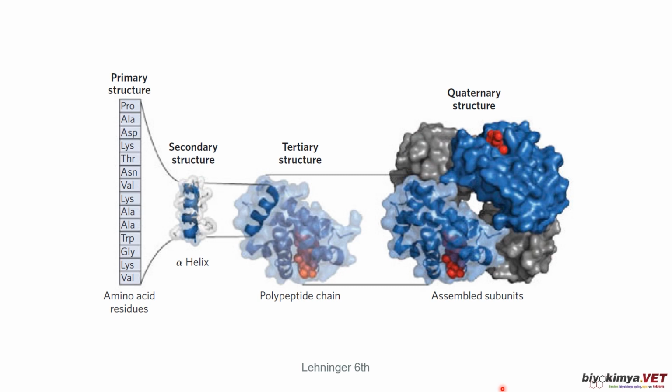Some proteins contain two or more separate polypeptide chains or subunits, which may be the same or different. The arrangement of these protein subunits into a three-dimensional complex forms the quaternary structure. As you see, a polypeptide chain, and here there are four polypeptide chains as subunits, form the quaternary structure.